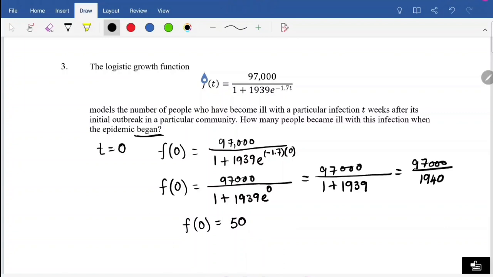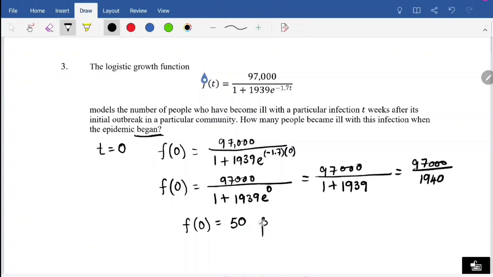So the answer is that the number of people who became ill with this infection when the epidemic began was 50. That's the final answer.